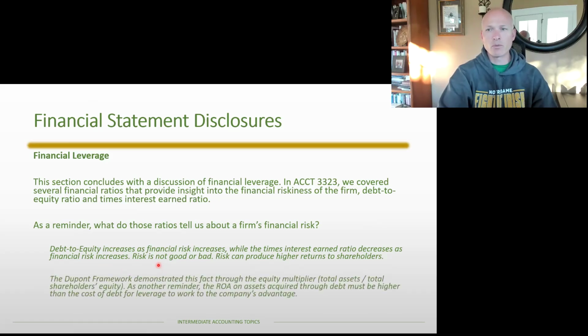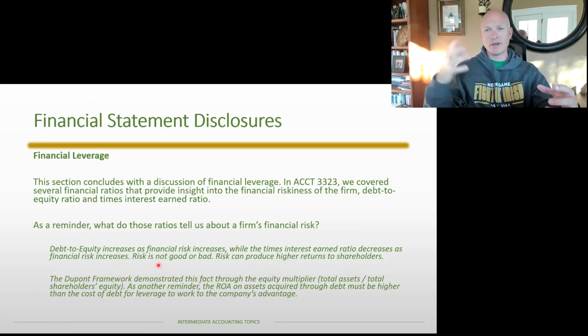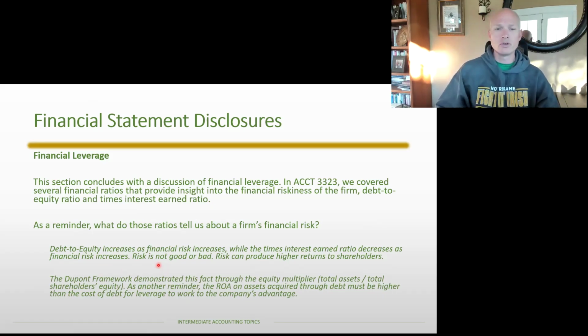Looking at the DuPont framework, just a reminder here is that the equity multiplier, which is a measure of financial risk, does multiply or increase the return you can provide to your shareholders. So it affects ROE, and basically you have your ROA multiplied by the equity multiplier, and that tells you how leverage can increase returns to your shareholders.